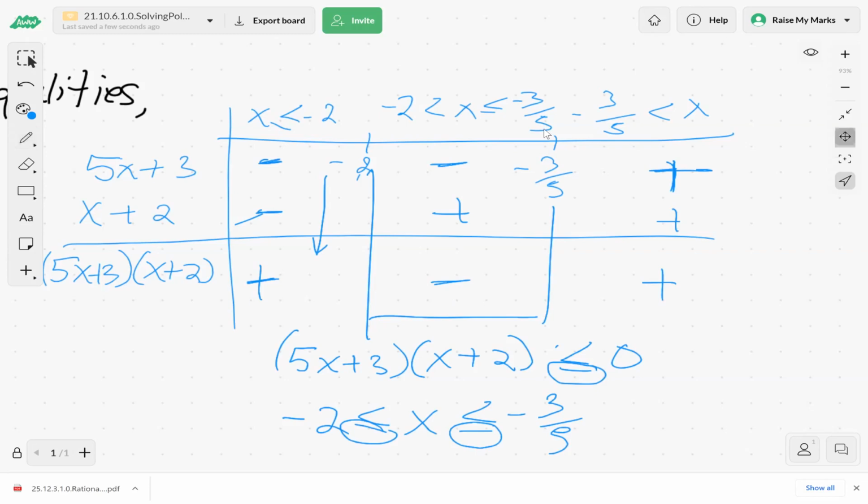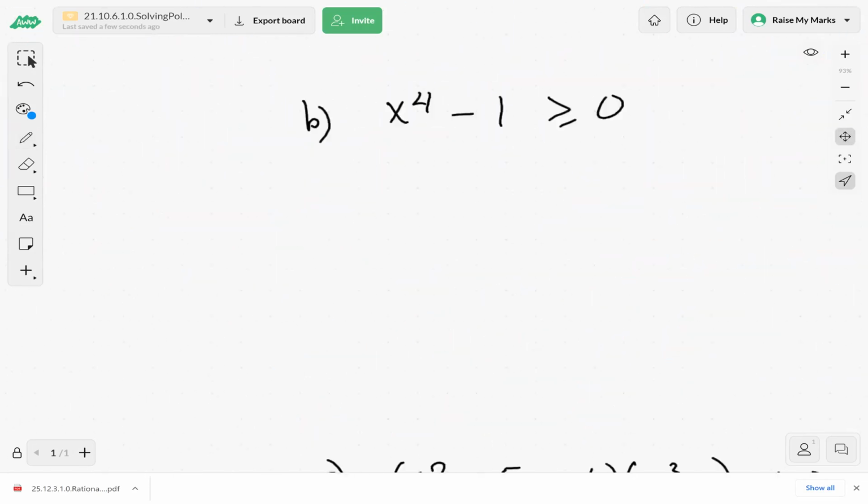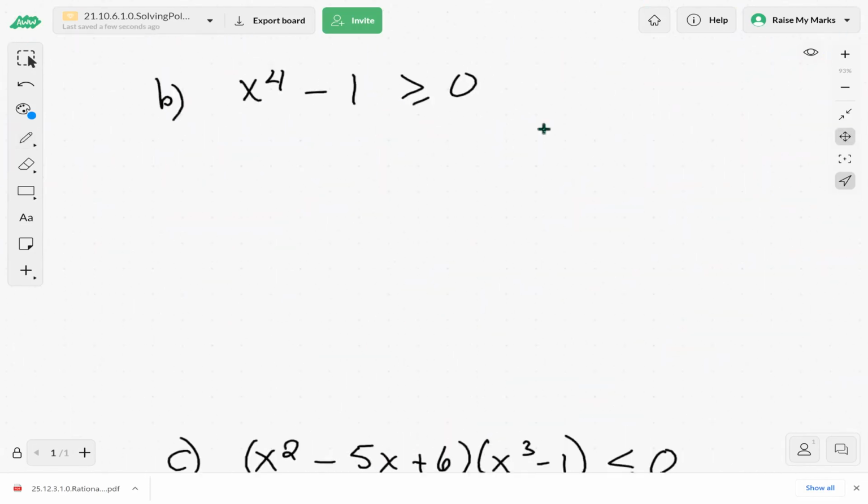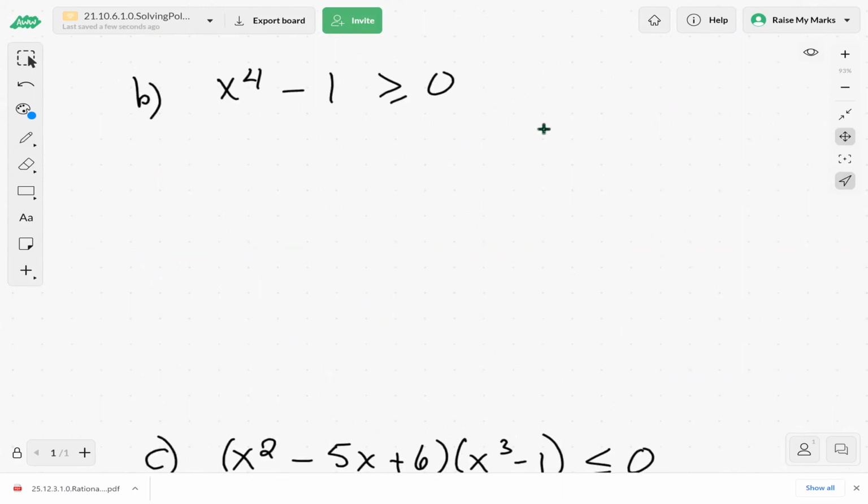All right, good. I think we have two more. Next one: x to the power 4 minus 1 is greater than or equal to 0. Again, we're going to start by factoring. This is a difference of squares: x squared minus 1 times x squared plus 1.